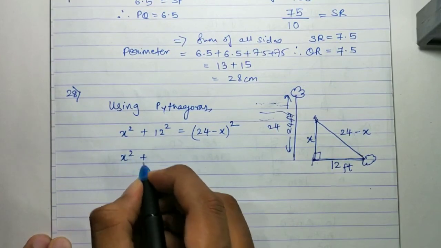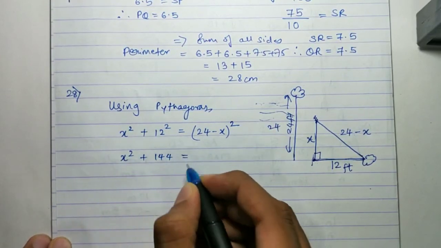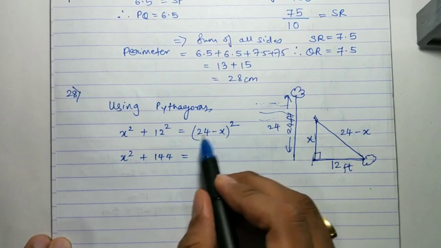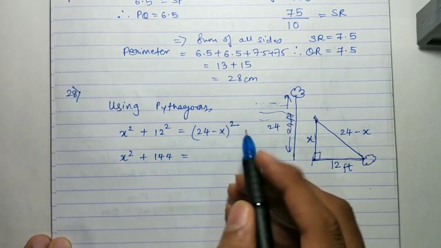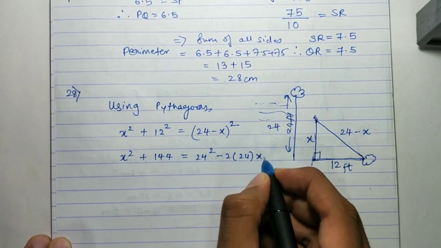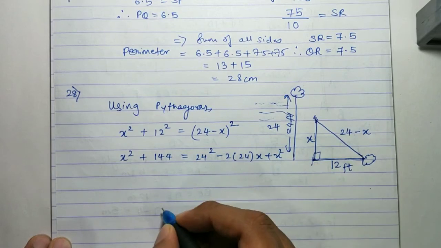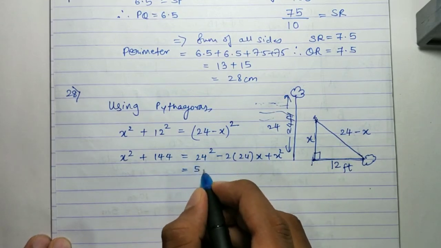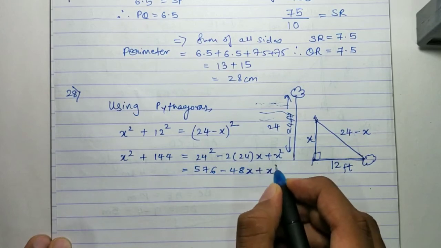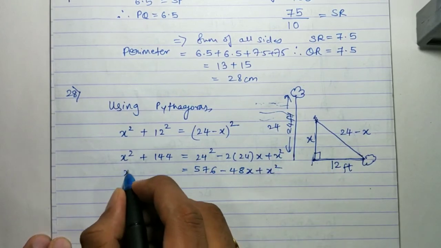So x square plus 144 equals, this is (a minus b) the whole square, correct? So the expansion formula: a square minus 2ab plus b square. So this is 576 minus 48x plus x square.